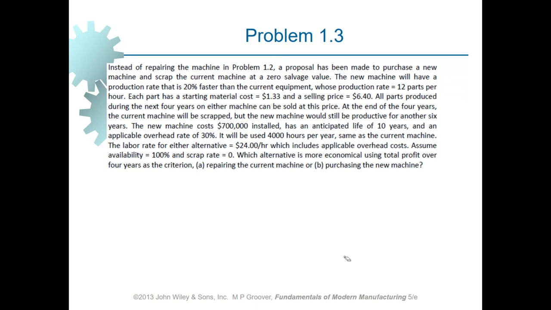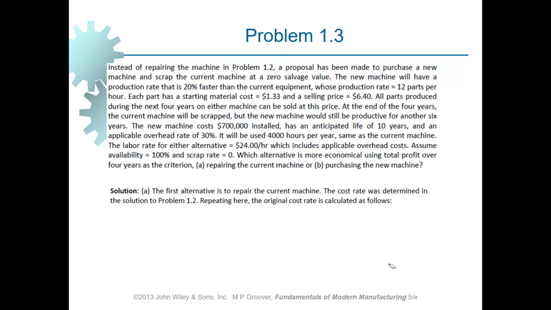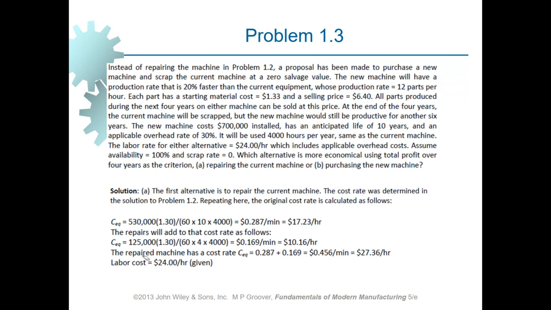Then compare the two figures with one another, and that will tell you which one is a better option for you. And if we want to do that, this is what we had already done before. We had computed this. Now, knowing that the labor cost is $24, that is given in the statement of the problem.